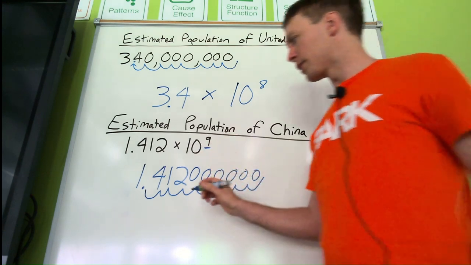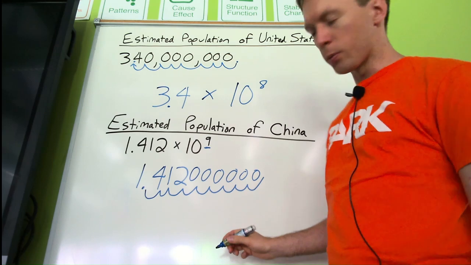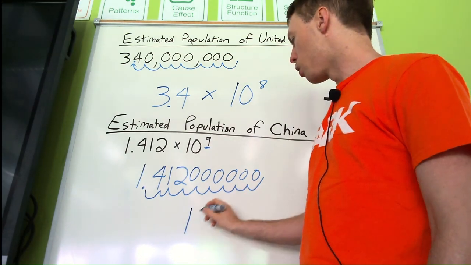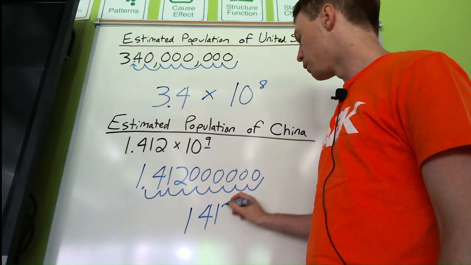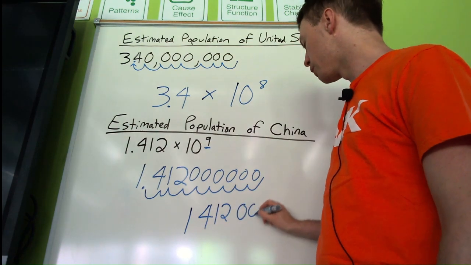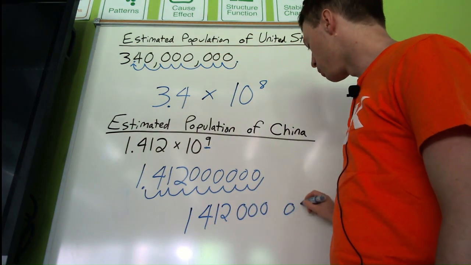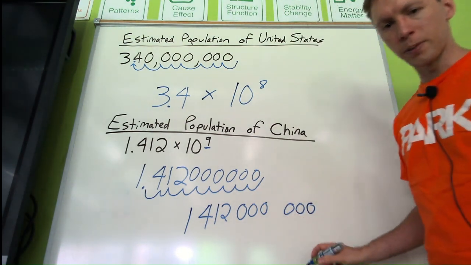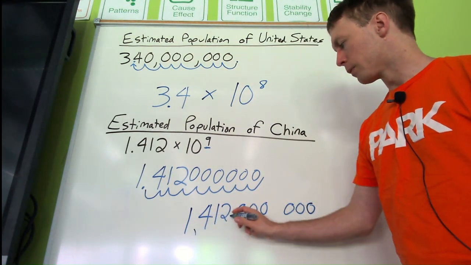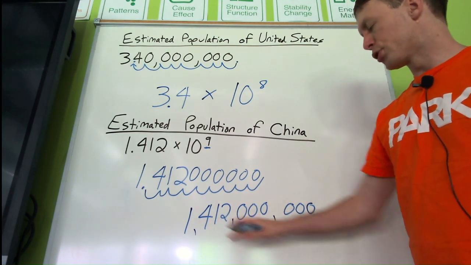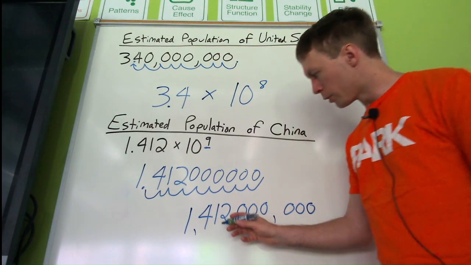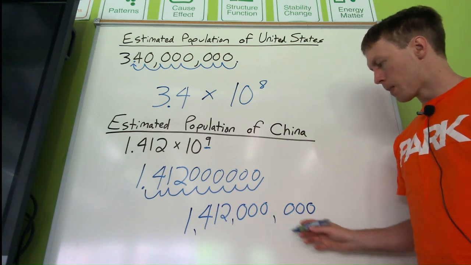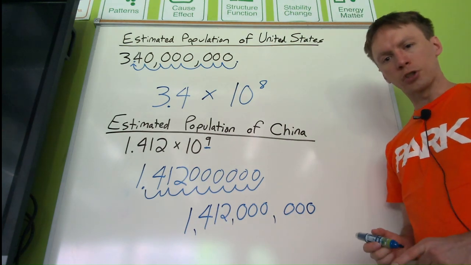So to rewrite this in normal number notation, it's 1, 4, 1, 2, 0, 0, 0, 0, 0, 0. I put an unusually large space there for no reason. Put commas in there if you want. So this is 1,412,000,000 people estimated in China.